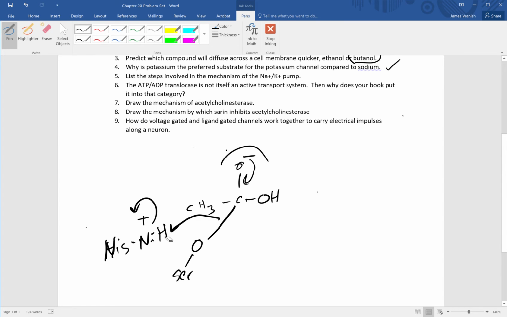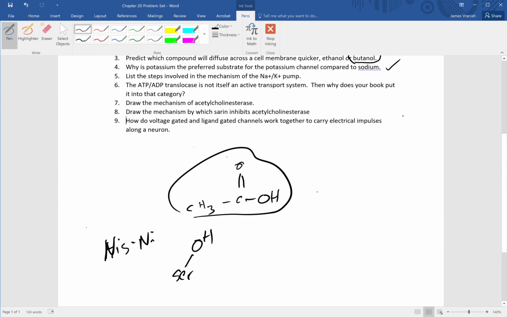The end result now is that we have our serine here, and acetate can now leave the active site. So we've cleaved our acetylcholine into choline and an acetate. My bad.